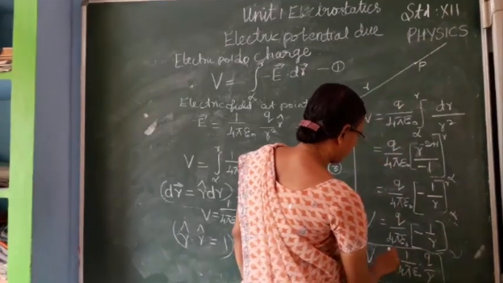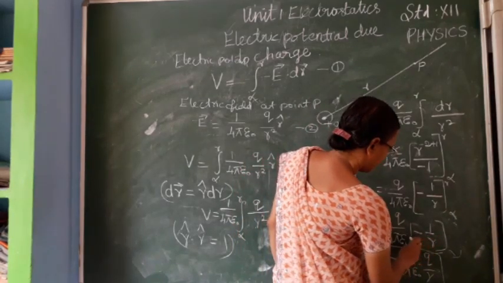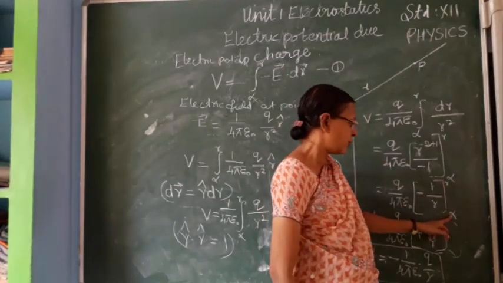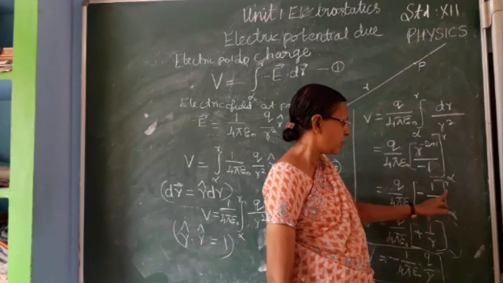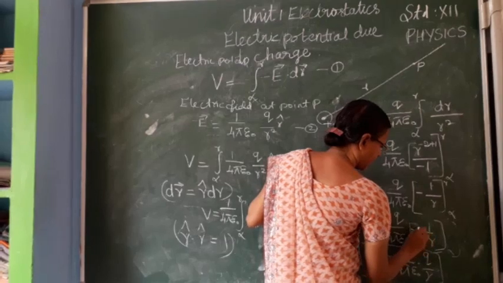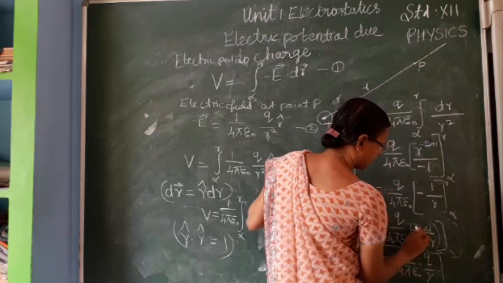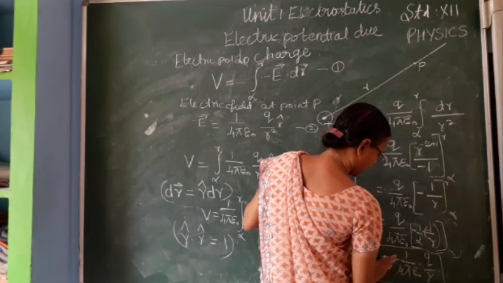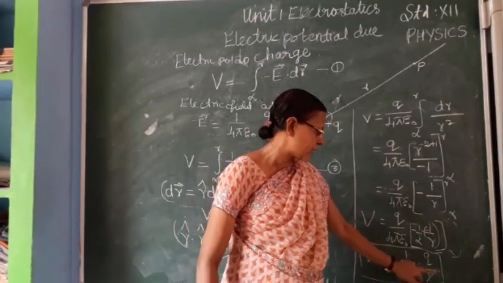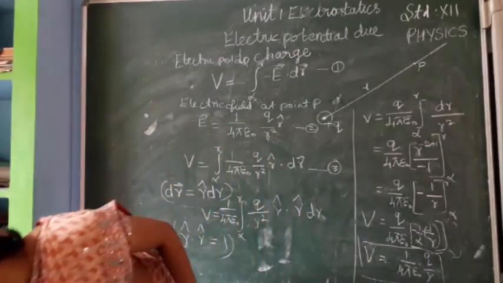Here it is minus of minus 1 by infinity, so here it will become plus. Okay, how is infinity coming? First we have to do this. So minus of minus 1 by R. Here minus of minus 1 by infinity, minus of minus will come plus. So V is equal to 1 by 4 pi epsilon 0 Q divided by R. This is the expression for the electric potential.